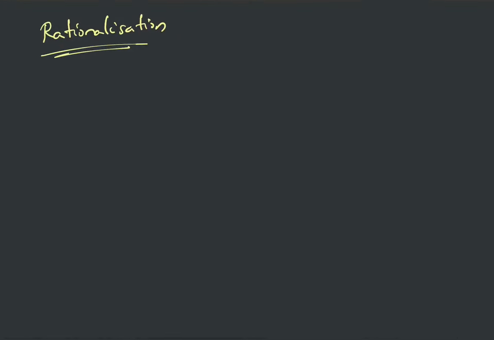So let us try to understand what is rationalization. To understand rationalization, let us first understand what a conjugate is. What is a conjugate surd? You can call it a conjugate pair or a conjugate surd.